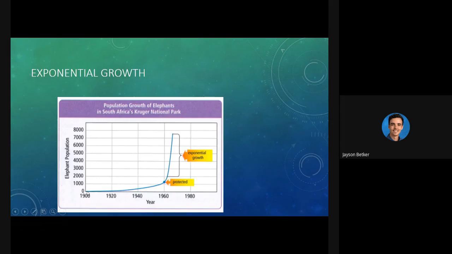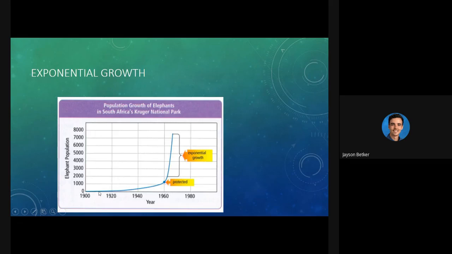Not the best looking J, but you can see that we have this curve. This is an exponential curve in which we are examining the population of elephants through the years 1900 to 1968 or so.